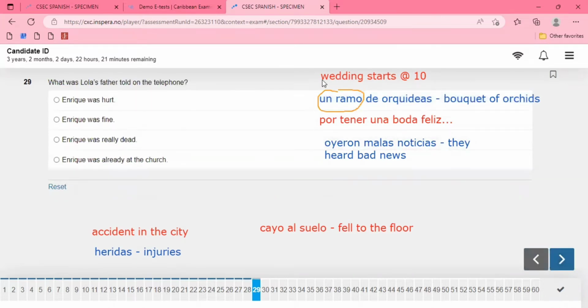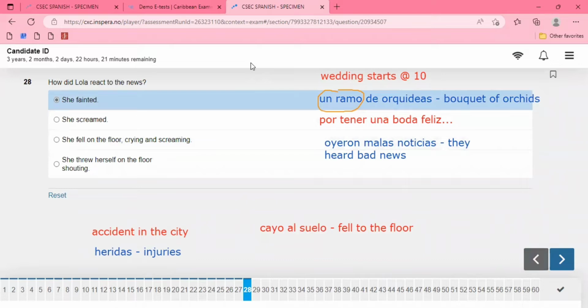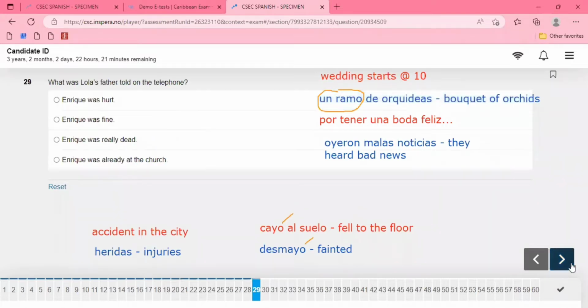And there was another word that was used, but with Lola's mom, which was desmayo. Should have been a synonym as well. So desmayo is from desmayar, which is to faint. So I'm just putting that as a key vocab or additional vocab.